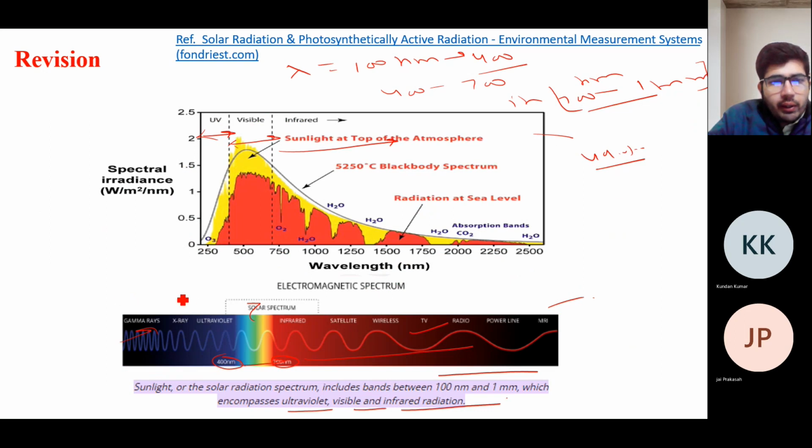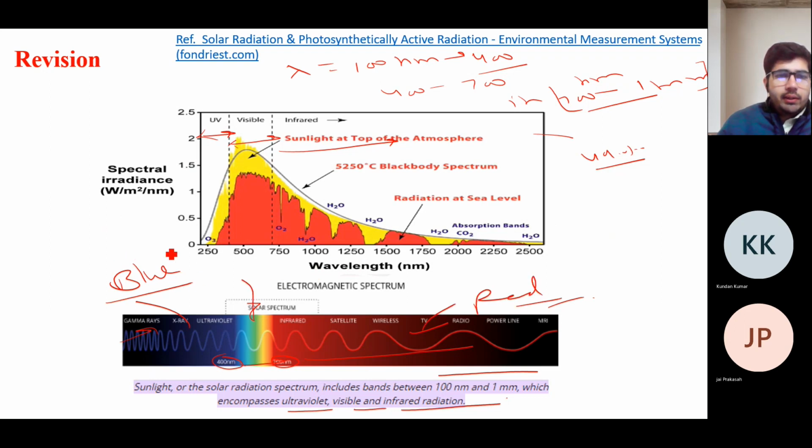In this diagram you can see this is the blue color, this is the red color, and in between there is the green color. In the visible spectrum you can see multiple colors, but the major ones are red, green, and blue.